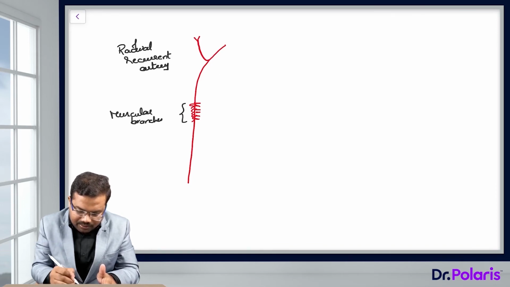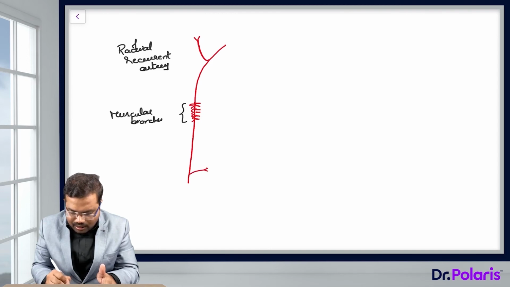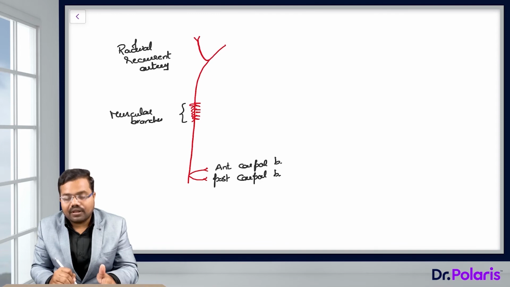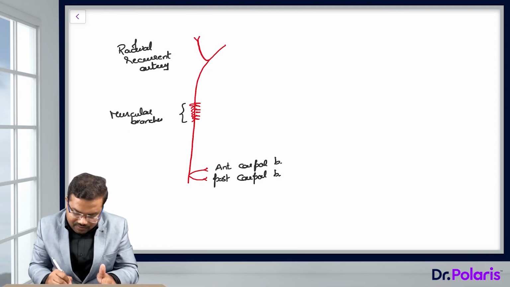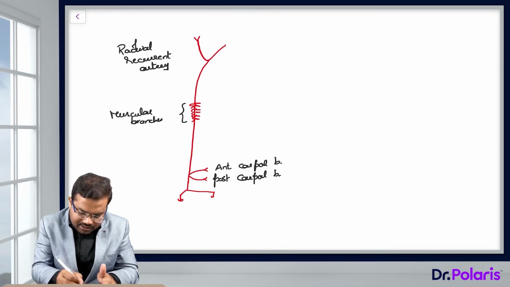And just before the termination it will give branches towards the anterior side of the carpal and also the posterior side of the carpal. They are called the anterior carpal branch and posterior carpal branch, just like the ulnar artery gives. And in the terminal part it will divide into two divisions. One is the superficial, the other is the deep.